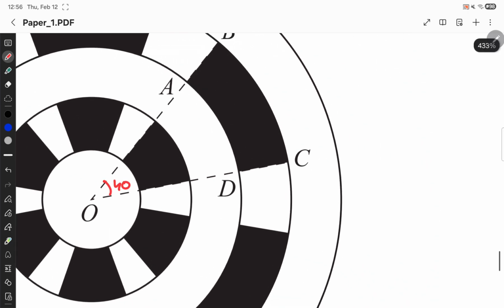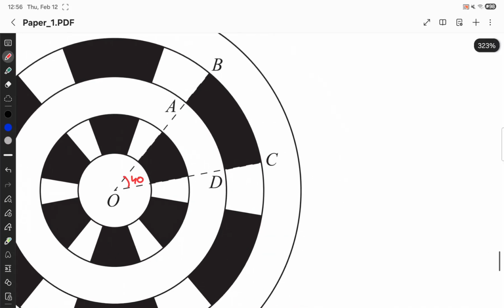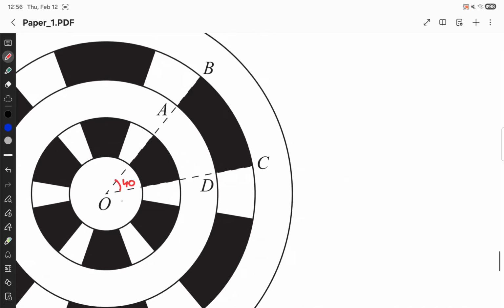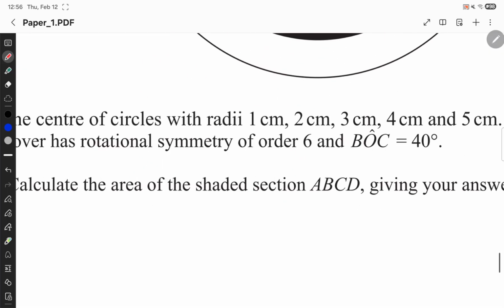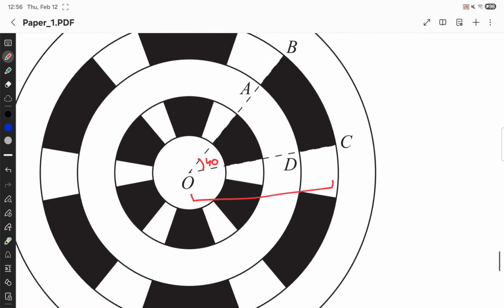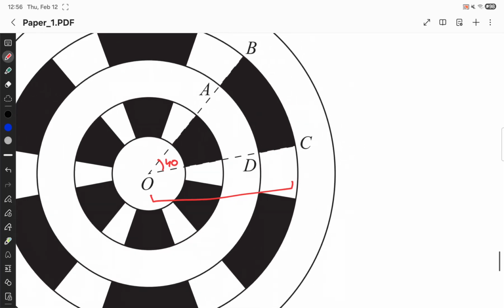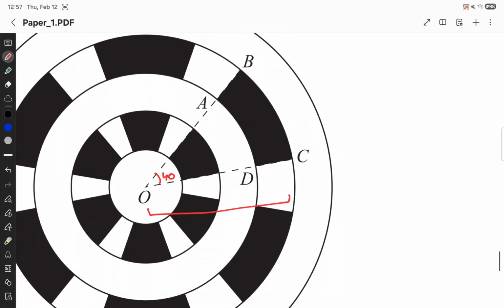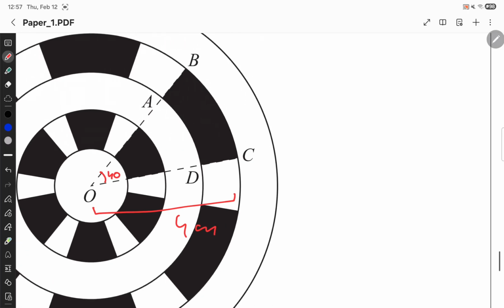Now, let's calculate the sector area. How do we do this? Well, first thing is we do not need the 5 centimeters. I think 5 centimeters is for part B or something, but let's go with 4 centimeters. We use this 4 centimeters sector.